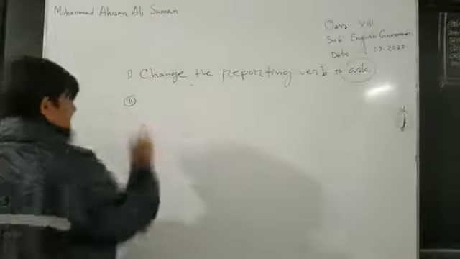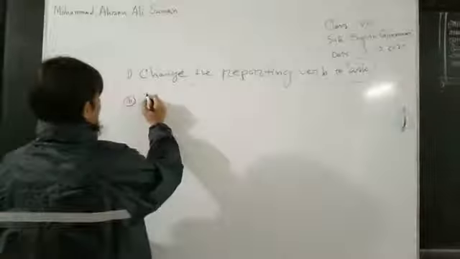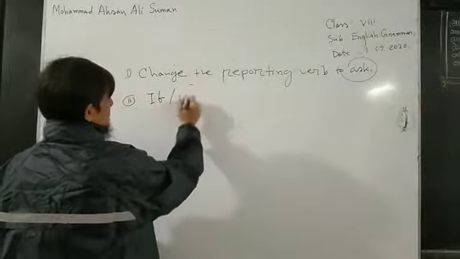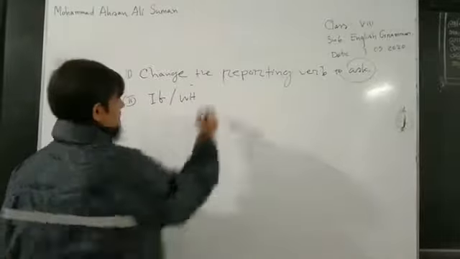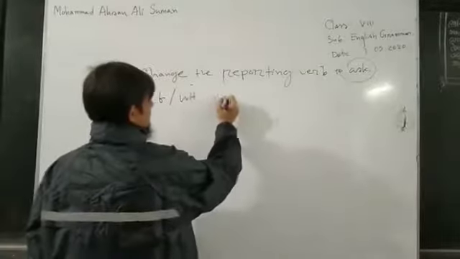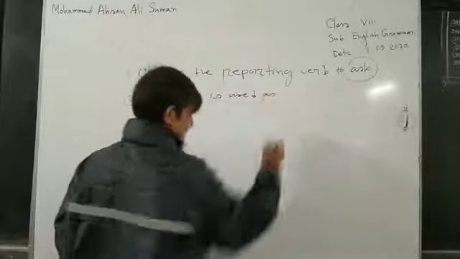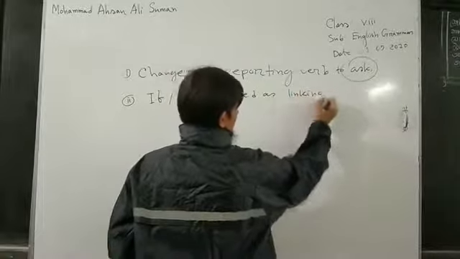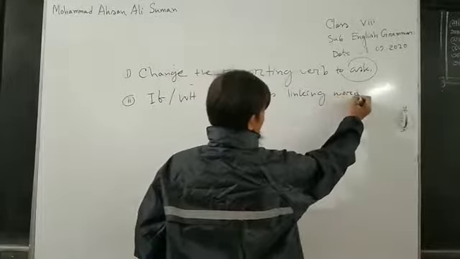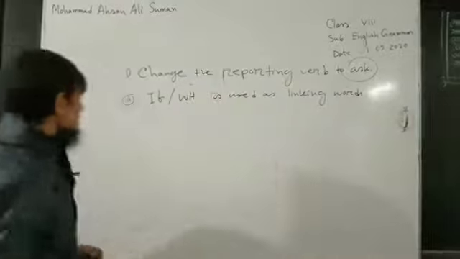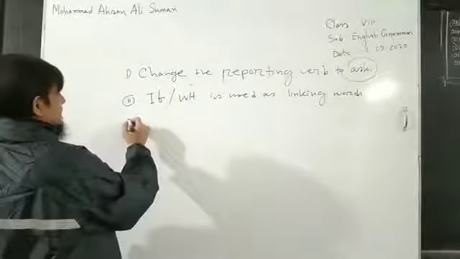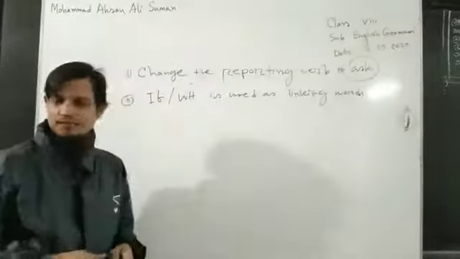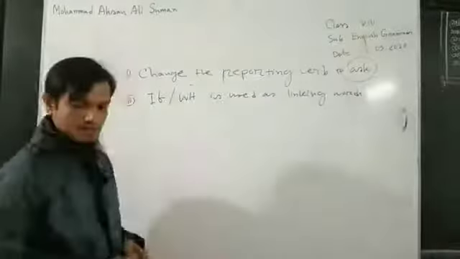Number 3, the conjunction if or WH is used as the linking word. Number 3 and 4 are the same as in an assertive sentence.